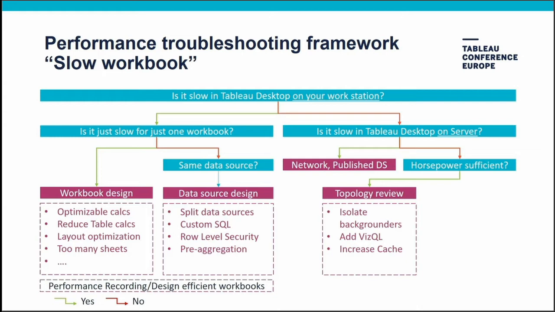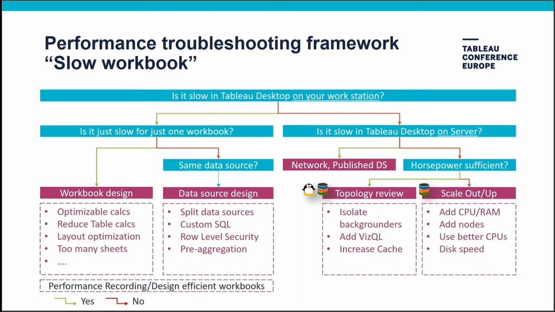And again, these are a few things that we've put here around the topology. Review the backgrounders, add vSQL, or increase the cache, or scale up and add more resources on the actual server. Again, we provide architecture training, and also we've got workshops called capacity planning that we offer as professional services in Tableau.